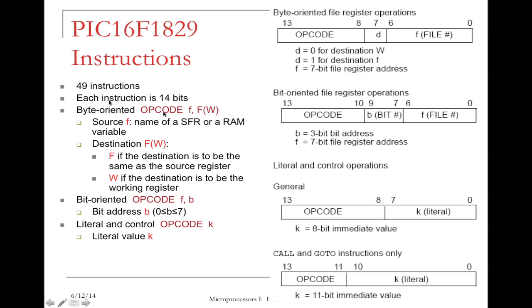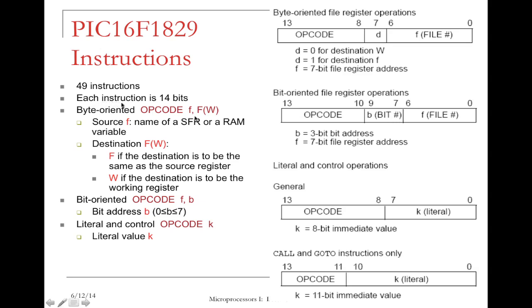The general format is like this: opcode, then F, which represents some register or some operand, then comma, then F or W. We're going to see many of these F and W a lot in the following slides.